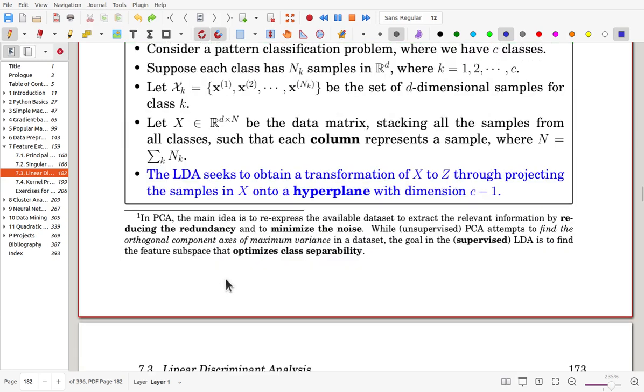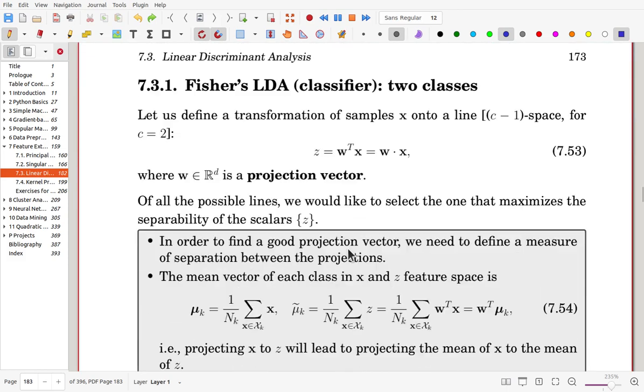And LDA seeks to obtain a transformation of x to z by projecting the samples in x onto a hyperplane with dimension C-1. We'll see detail later on.